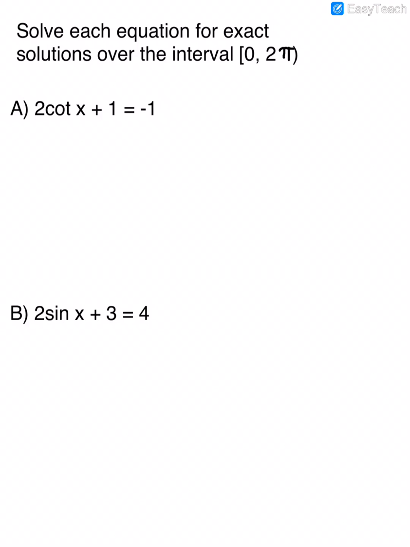Solve each equation for exact solutions over the interval from 0 to 2 pi. This first equation is a linear equation because the highest power is 1, so we need to isolate the variable. In order to do that, I'm going to first subtract 1 from both sides of the equation.